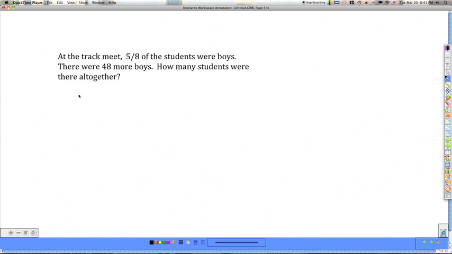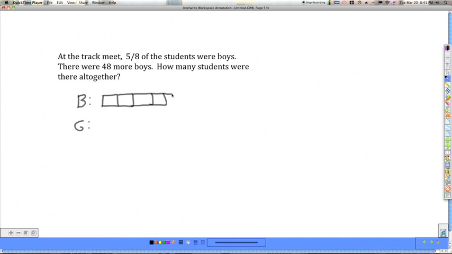So in this problem, I can see we're talking about students, and boys are mentioned. And we probably are also going to be talking, since this is how many students were there altogether, we want to know how many total boys and girls. So we better include girls. It says that 5/8 of the students were boys. Now I could make a single bar that had 5 units in it, or 8 units, and give the boys 5.